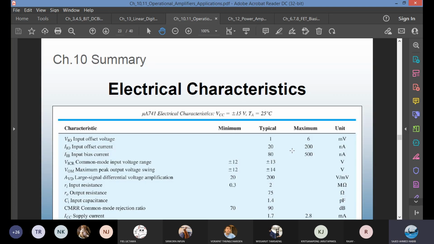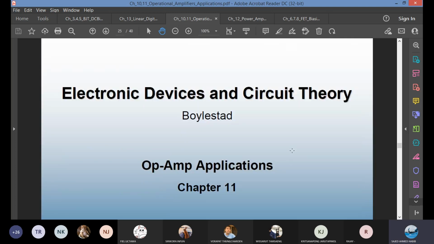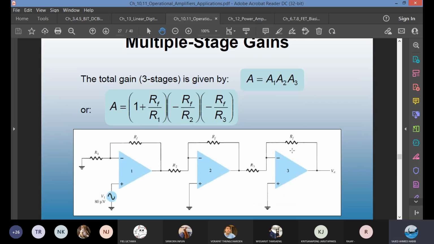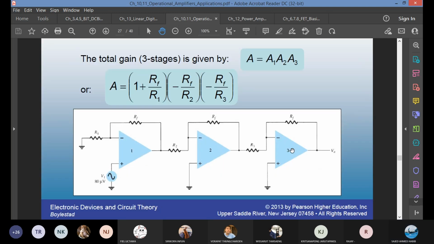For the op amp, we have some applications that we studied. If you have a multiple stage op amp, determine the gain at each stage by looking at the nature: is it an inverting op amp or non-inverting? And then you just multiply the gains. You will get the gain of the total stage, all three stages, all 4 or 5, however many you have.